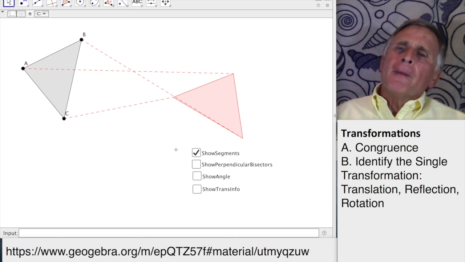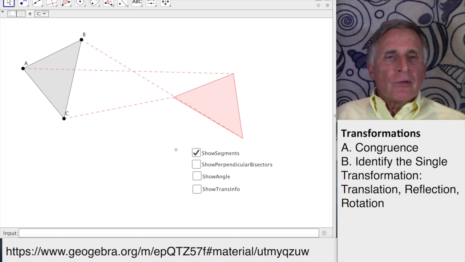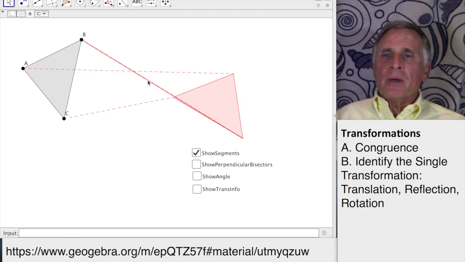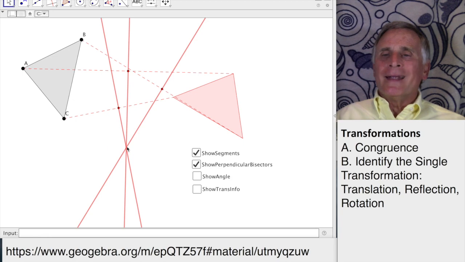Now we do the same thing we did when we were looking for a reflection. We find the midpoints, and look at the perpendicular bisector of each of these segments. Each of these perpendicular bisectors is a different line this time. But if you notice, they all intersect at a single point.